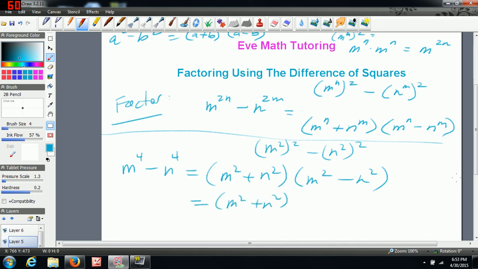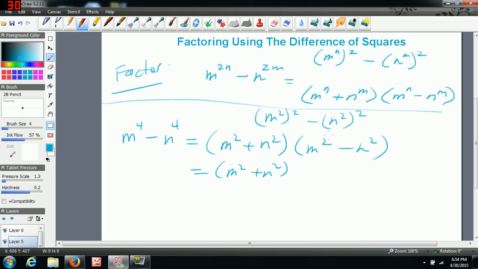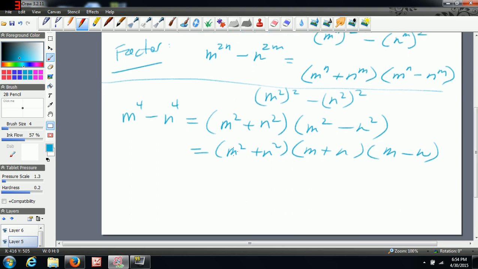And then if you look carefully, we can actually go further, because this we could factor using the difference of squares. This you can't, a squared plus b squared, but this you could factor further, as m plus n and m minus n. Okay.